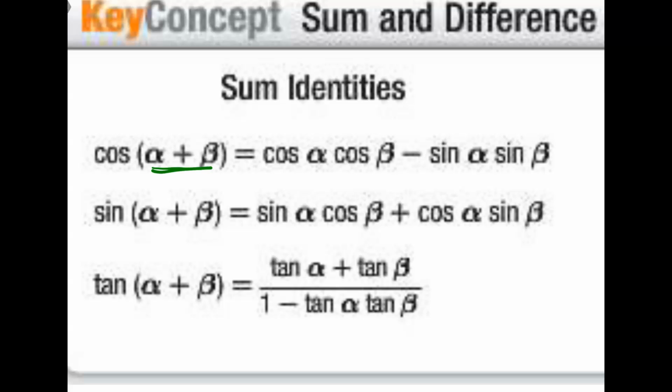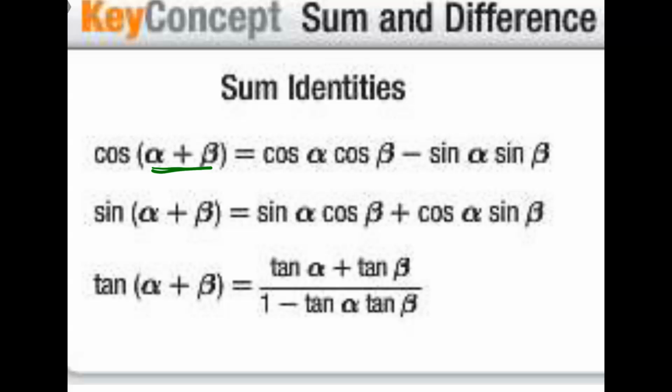So if you have something like cosine of 75 degrees, I'll be real, I have no idea what cosine 75 degrees is. But what we can do is rewrite it in terms of something I do know. So I could say cosine 30 times cosine 45, minus sine 30 sine 45, because 30 plus 45 is 75, right?